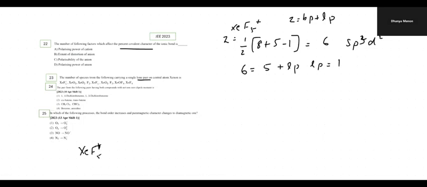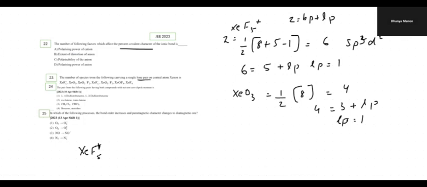So let's check if there are more. So XeO3, this is half of 8 electrons in the outermost shell, no positive or negative, no monovalent. So this is 4. So 4 is equal to how many bonds are there? 3 plus lone pair. So lone pair is equal to 1. So XeO3 is another answer for us.